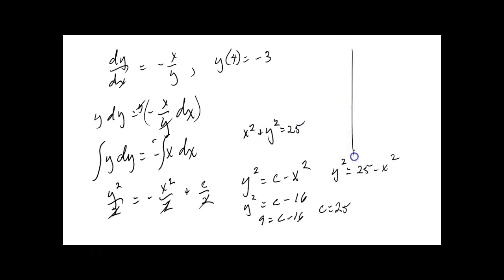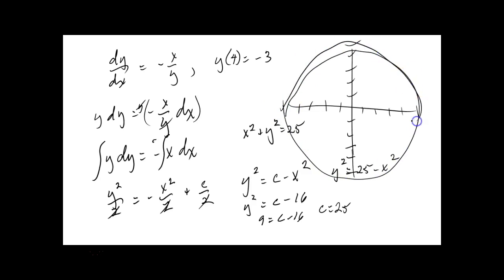So your solution curve would be, that's an ugly circle, isn't it? With c, you could have a circle of 1, 2, 3, 4, whatever, but this is our solution. Because when x is equal to 4, you're down here at -3. There's your point of contact.